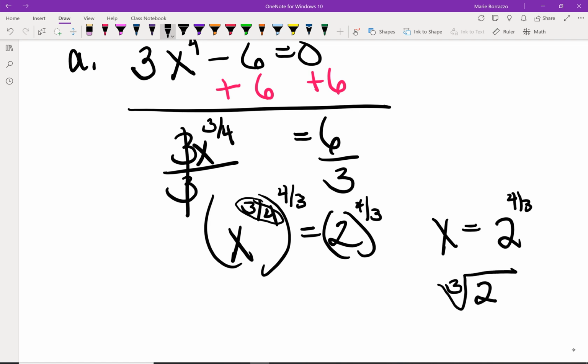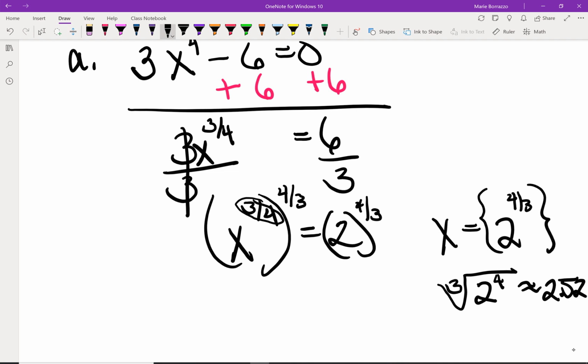What's inside of here is 2 to the 4th power, and it's always written in that form. Using a calculator, I can estimate that this is going to be 2.52 as a value. So your solution set is right here.